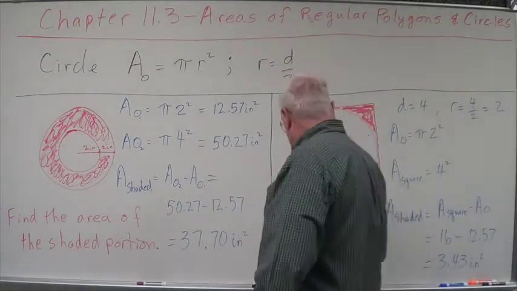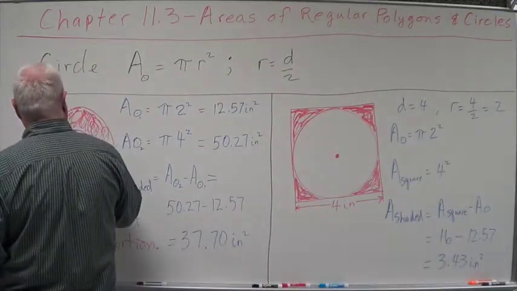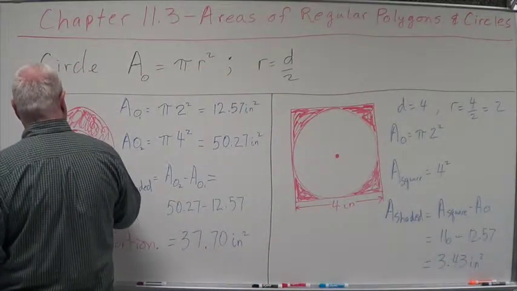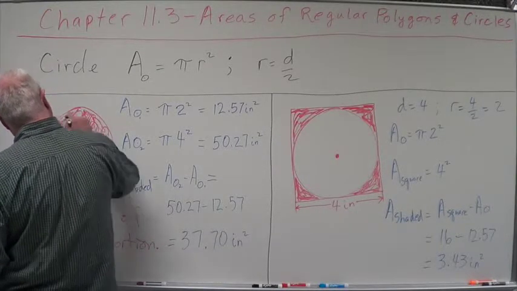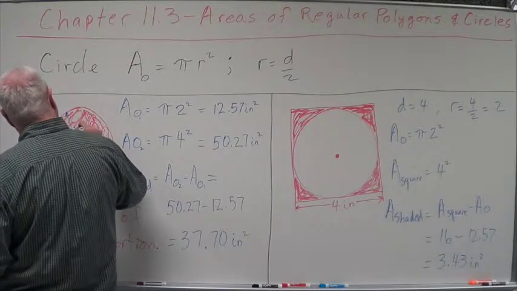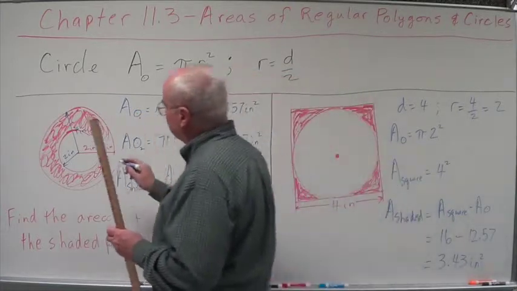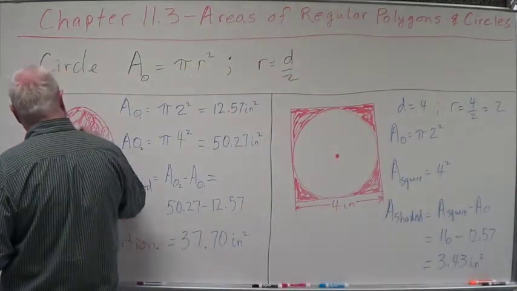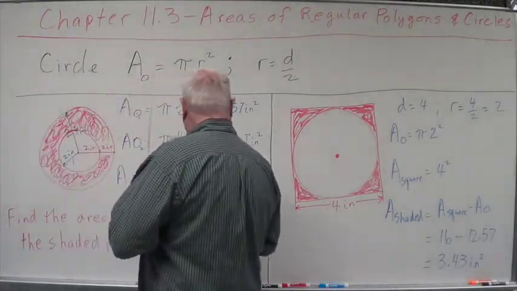So let's call this circle 1 and circle 2, where circle 1 is the one with 2 inches, and circle 2 is the one with 4 inches as the radii. Okay? So this would be circle 1 right here, then this would be circle 2, the whole thing.